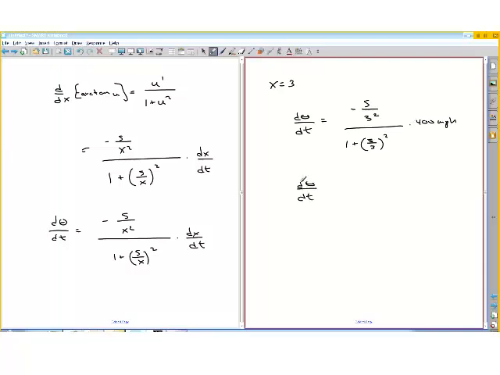I'll do it in one calculation: negative the quantity 5 divided by 3 squared, that's my numerator, divided by the quantity 1 plus the quantity 5 divided by 3, squared, times 400.